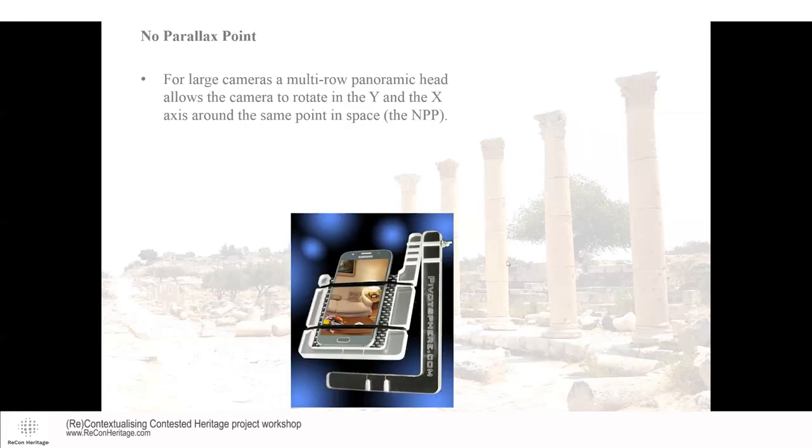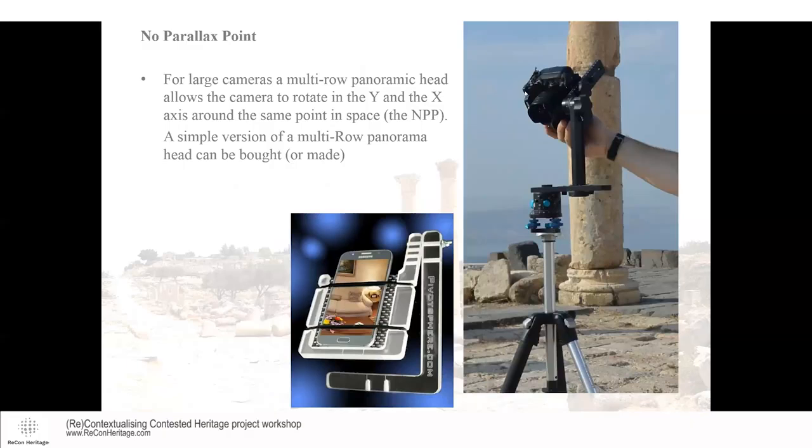To do this with a large camera, you need a multi-row panoramic head, and that looks like this. This is mine, again, on camera being recorded. And you can see we've got a rotating base, which rotates around a set number of degrees that I tell it. This arm can be moved back and forth so that the camera body is pointing exactly at the center of the rotation.